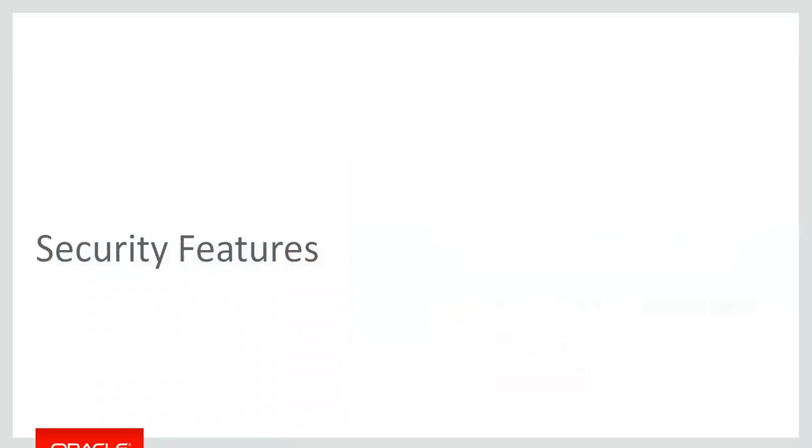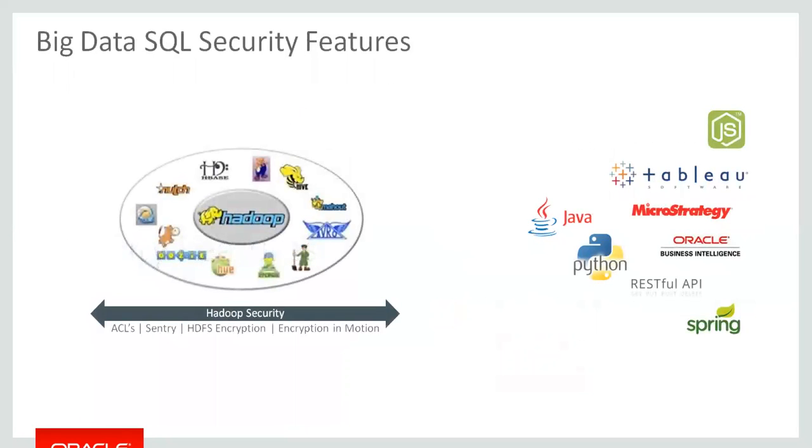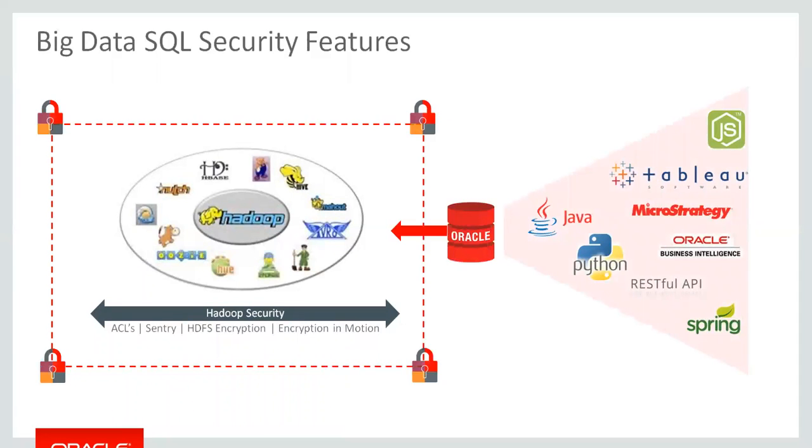So, what about security? What do we have for security with Big Data SQL? First of all, you have to keep in mind that whenever you work with Big Data SQL, you could use Oracle BI, MicroStrategy, Tableau, whatever tool you want, and you connect to the Oracle database. You connect to the Oracle database and then work with the Hadoop cluster through it.